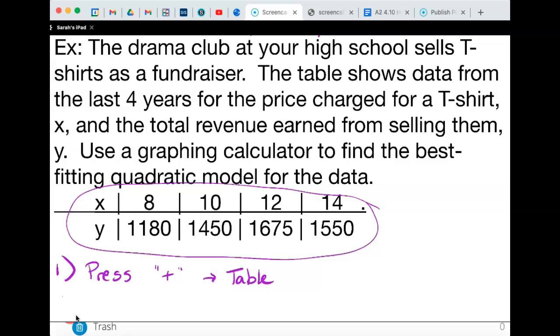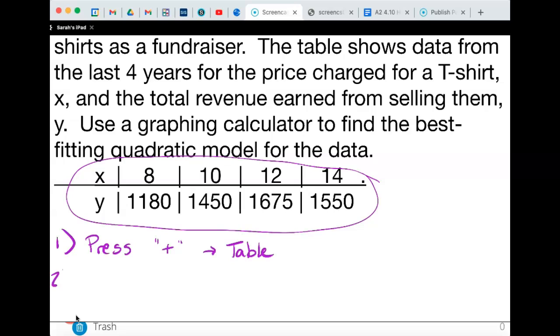So the next thing, once you have the data in, is you could adjust your window screen. So right now, Desmos has graphed these 4 points, but you can't see them because your window is too small. So there's a wrench in the right corner.